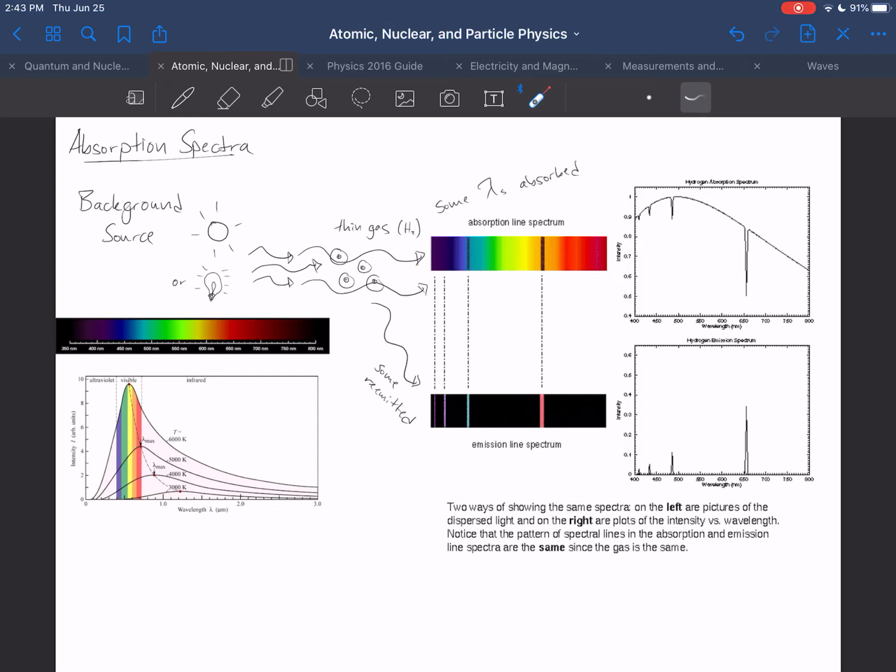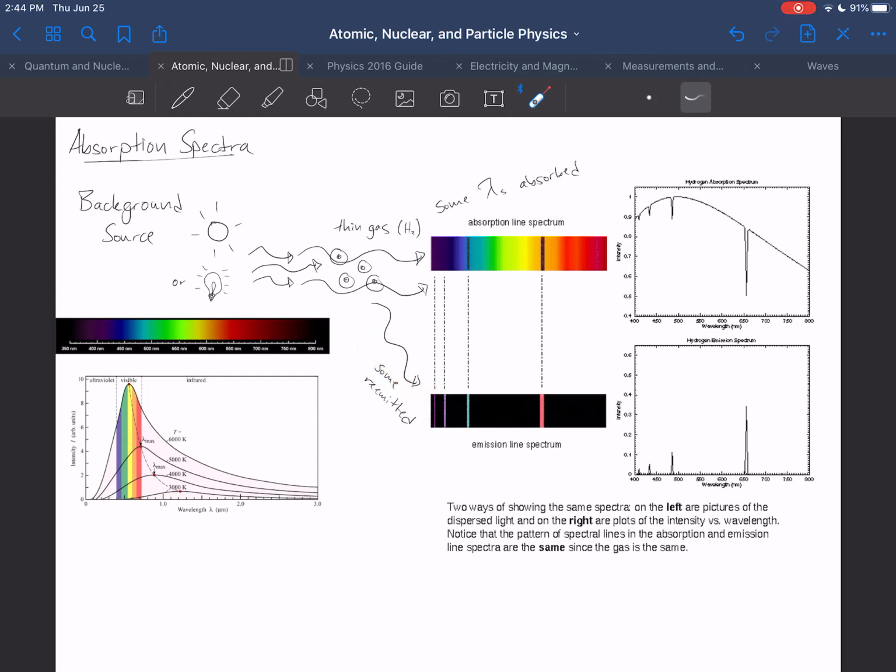So what happens is that the thin gas absorbs that energy, right? It bumps up the electron to a higher energy level, and then those electrons fall back down and re-emit, okay? So if you look only at the thin gas, what do you see? Well, you see an emission spectrum, okay? What you're seeing is that the electrons that have been bumped up by the incoming continuous spectrum then fall back down and emit the emission spectrum.